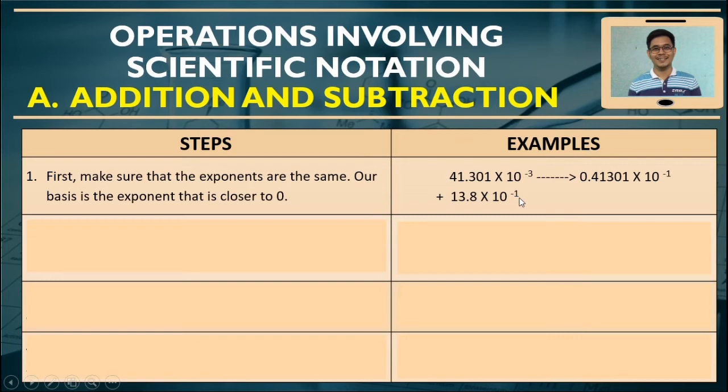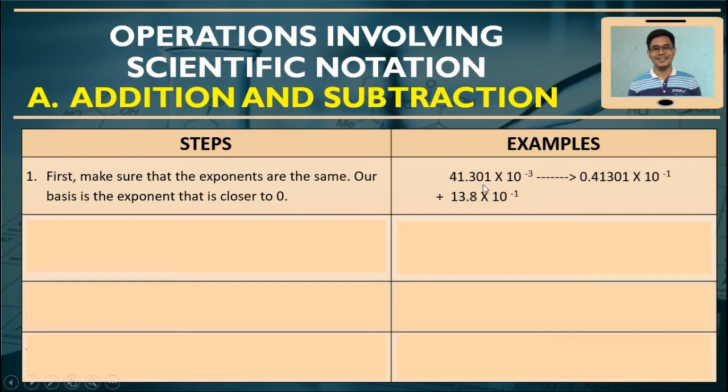Okay, and in our first step, kailangan muna daw maging magkatulad yung exponent nila before you proceed with step number 2, which is etong magiging basis natin is yung mas malapit sa 0. And then if you're going to compare -3 and -1, so which one is closer to 0? So therefore itong -1. So ang -3, kailangan natin itong i-convert or gawing -1.